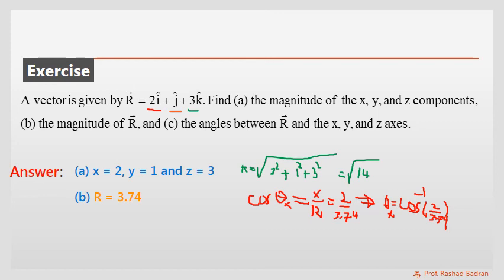just written straightforward. While for the second angle, theta sub y, which is the angle between the vector r and the y component, again apply the same identity, cosine, which is the adjacent, and in this case the adjacent is y, divided by the hypotenuse, which is the magnitude of the vector r, and substitute the values, 1 for y and 3.74 for the magnitude of the vector r, and then from here the angle theta y is the cosine inverse of the ratio 1 over 3.74.